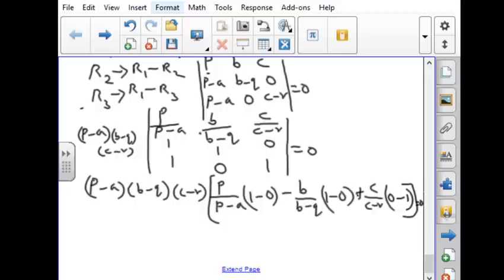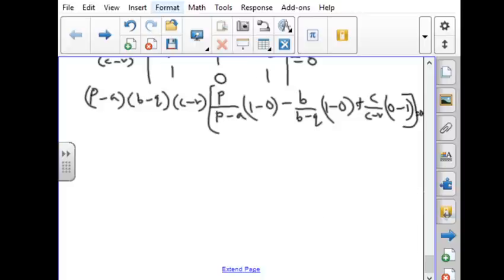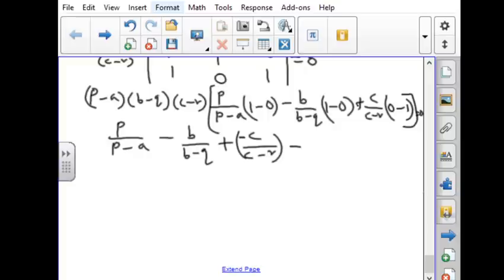Because it is equal to 0, all these factors can be removed. So now we get P by P minus A minus B by B minus Q minus C by C minus R is equal to 0.